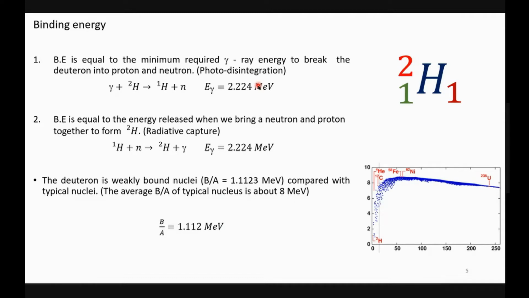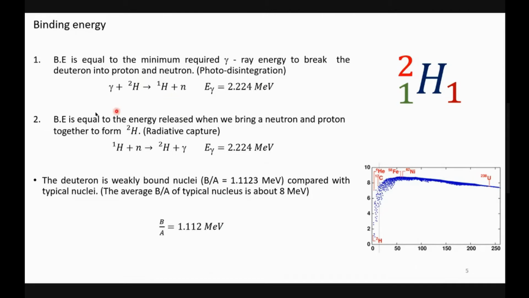Suppose we have a gamma ray which bombards on a deuteron, and it breaks into 1H plus neutron, then the energy required for the gamma ray to make this reaction possible is about 2.24 MeV, which is nothing but the binding energy which binds 1H plus 1 neutron to make a 2H deuteron nucleus.